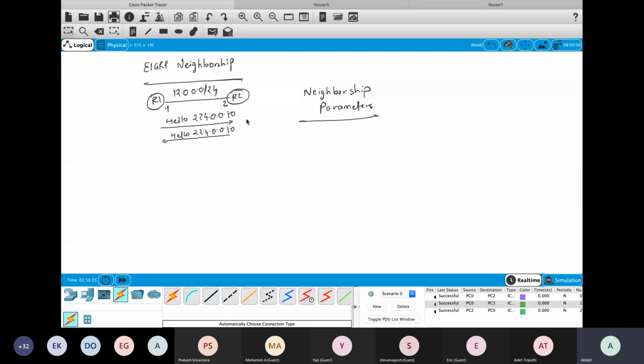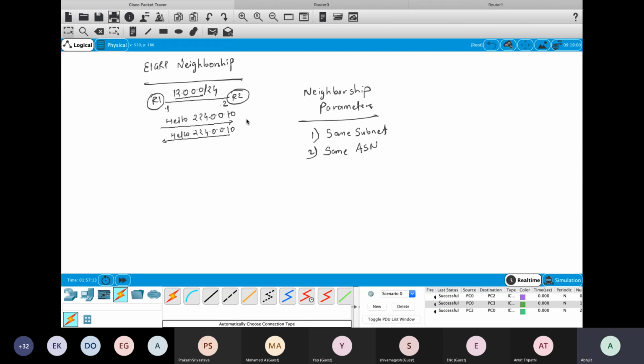The first neighborship parameter is that both routers exchanging hello messages, who are looking to become neighbors, need to be in the same subnet. Like you have 12.0.0.0 configured, so R1 and R2 are in the same subnet via that particular link. The next parameter is that they need to be in the same autonomous system number, the same ASN value.